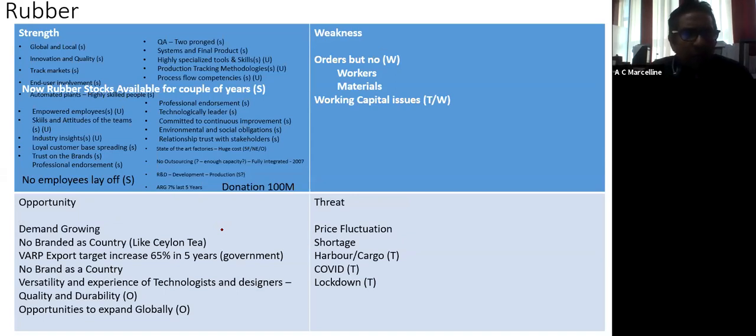Now you have enough rubber for the next couple of years, and look at the opportunity you have. The demand is growing. So if the demand is growing and you have enough rubber, and there are new opportunities to expand globally, take that opportunity. What do you do then? Yeah. So if you want to expand globally, then what do you do?